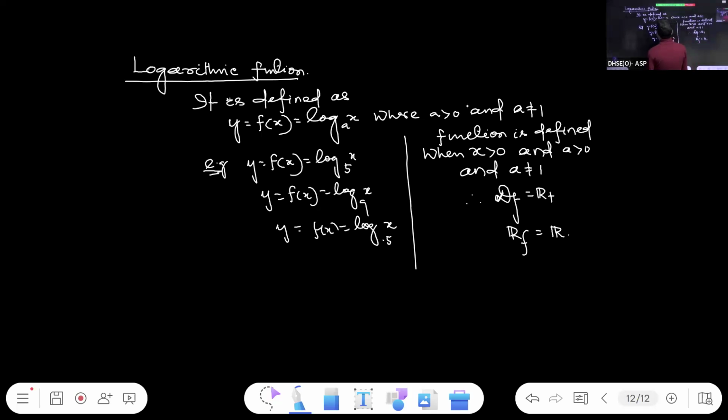Okay, so logarithm functions are of two types. The domain is R plus, and y is equal to f of x is equal to log x to the base a.